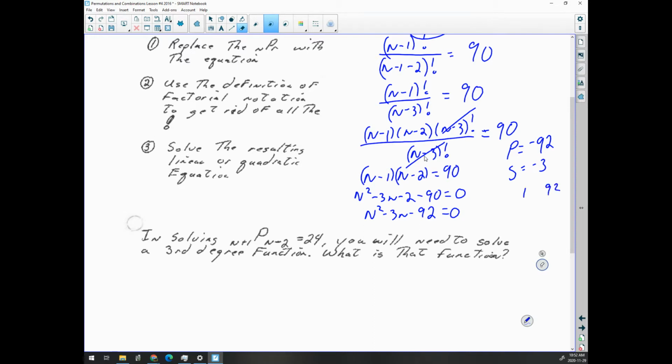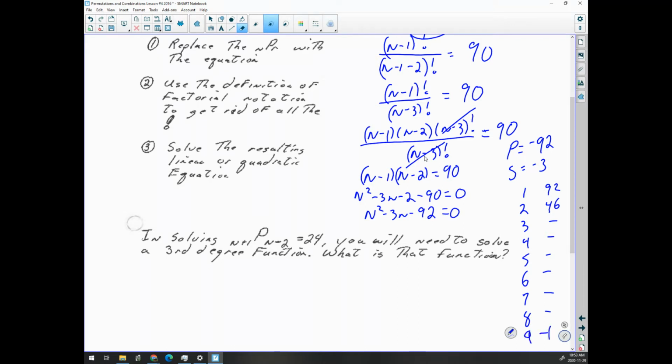1 and 92. 2 and 46. 3 doesn't work. 4 doesn't work. 5 doesn't work. 6 won't work. This is why I don't think it's going to work. 7 doesn't work. 8 won't work.